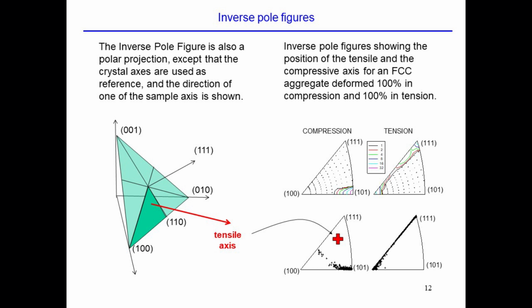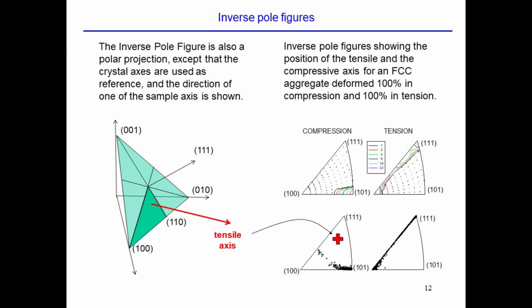Because all these six triangles are equivalent as far as pulling along this line, the tension along this line will have exactly the same effect as all the symmetric positions of this tensile axis. You only plot a fraction of the sphere, and that fraction, in the case of cubics, has this appearance.